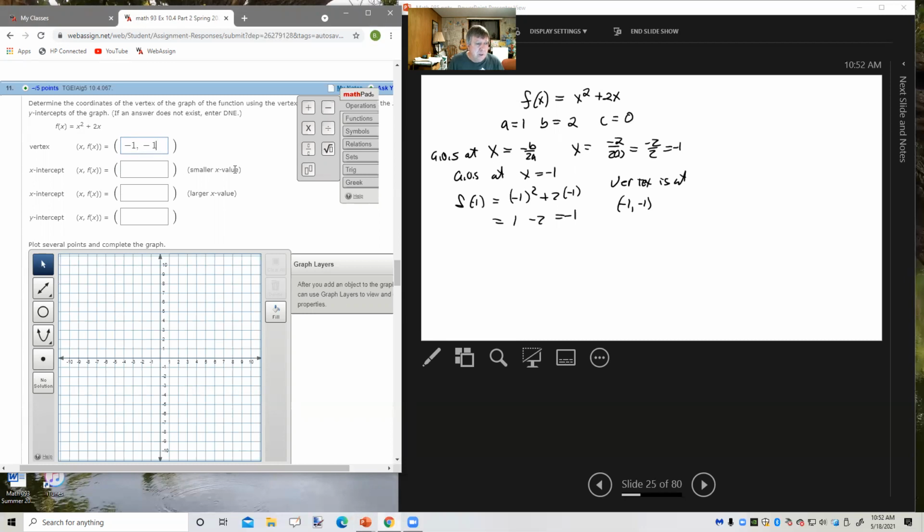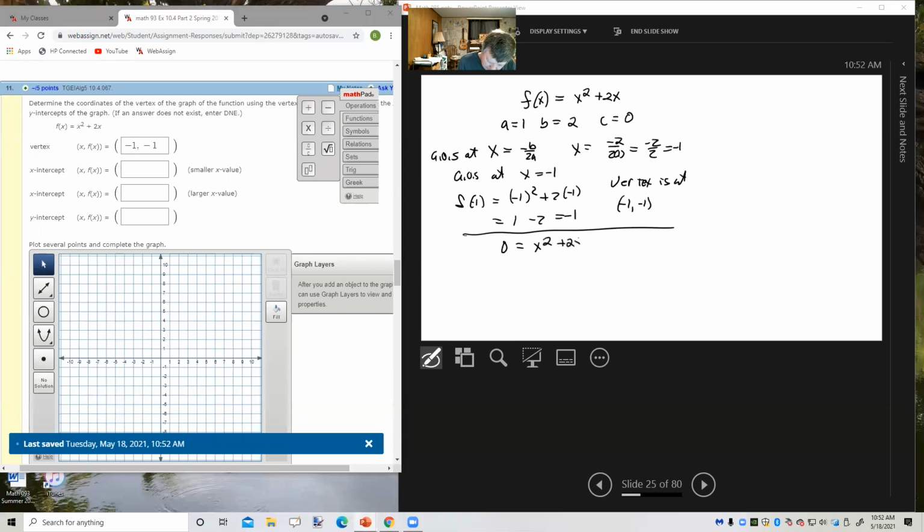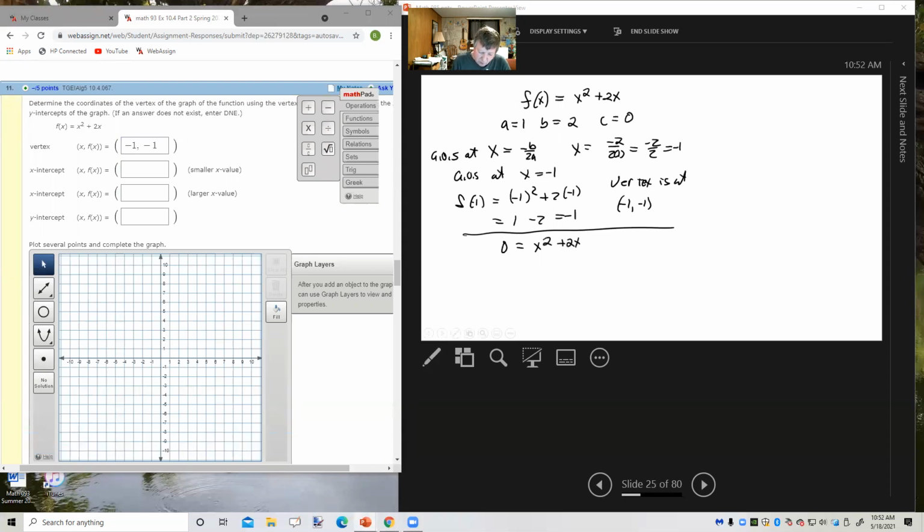Moving on. To find x-intercepts, set y equal to 0. If we set y equal to 0, we get this. Using the quadratic formula, we've already found a, b, and c. So x equals -b plus or minus the square root of b squared minus 4ac all over 2a.